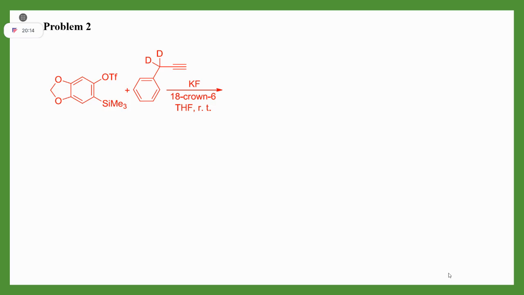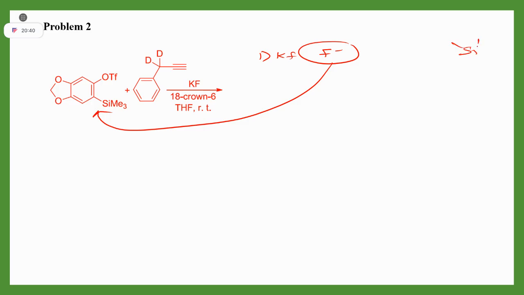Another hint. Ene reaction will take place. Now tell me what can be the product. Just try. Tell me, a wrong product doesn't matter. But try yourself. I'm also solving. So students, at first KF is there. KF is going to give F minus, right? And F minus is going to attack your silicon and it will leave as trimethylfluorosilane, right?